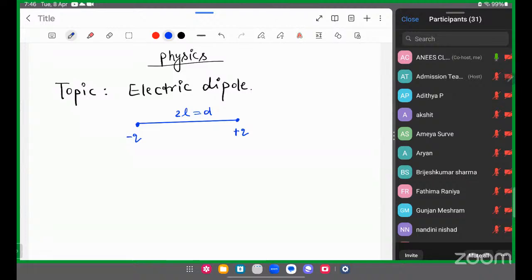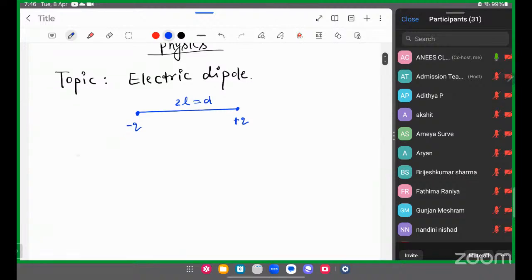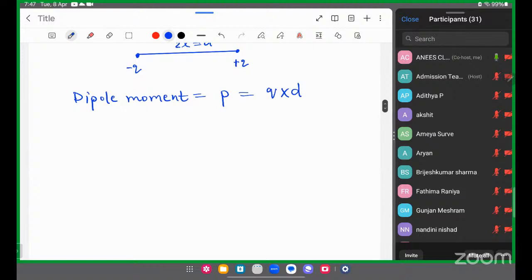For any electric dipole, we define dipole moment. Dipole moment P is equal to charge into the separation between them. In vector form, it is given by charge into distance 2L, where L will be in vector form.